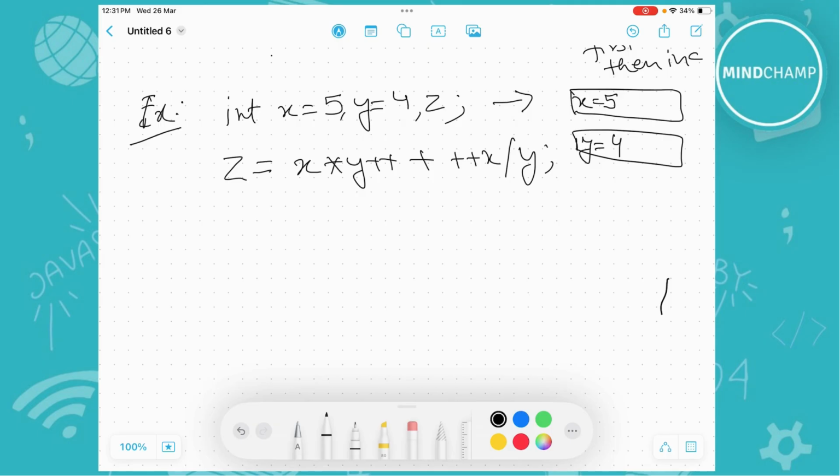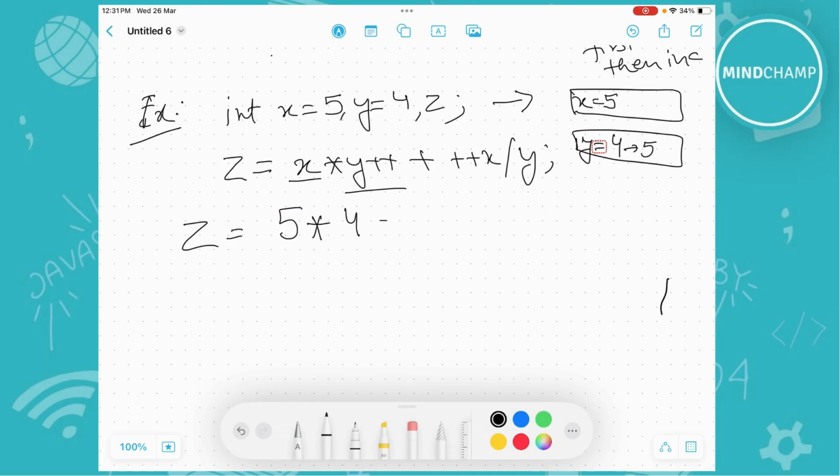Alright, now when we come to this statement, what is the value of x in the memory? It's 5 multiplied by, now this is y plus plus, means use the current value of y, which is 4, and then increment it in the memory to 5 and store it for the next use.